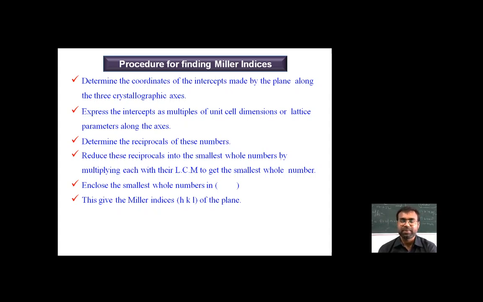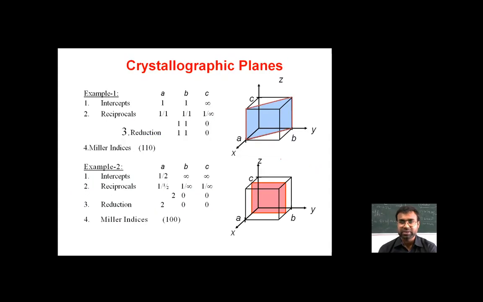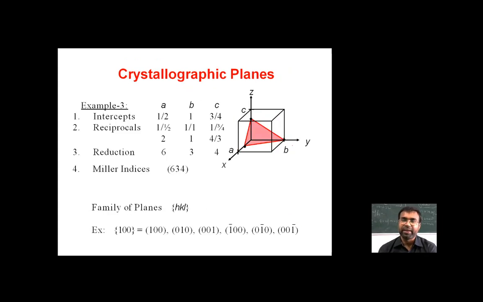And you can see this particular (hkl) of the Miller indices plane is represented. This is the basic thing, that is how you can identify. We have the intercepts 1, 1, infinity, and we reciprocate them to get 1, 1, and 1/infinity, which reduces to (110). In a similar way, for the second figure the intercepts are 1/2, infinity, infinity, and by taking the reciprocal we get the (100) plane.